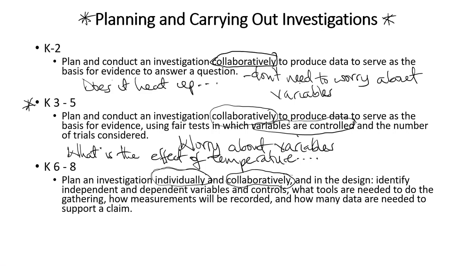So they should be able to identify which are independent variables, which are dependent variables, and which are controlled variables. And really, it's different from grade 3 to 5, because in grade 3 to 5, the focus is more on controlled versus the dependent and independent. While in grades 6 to 8, the focus is on all the variables.